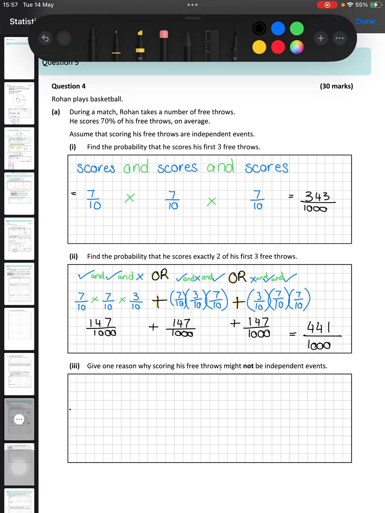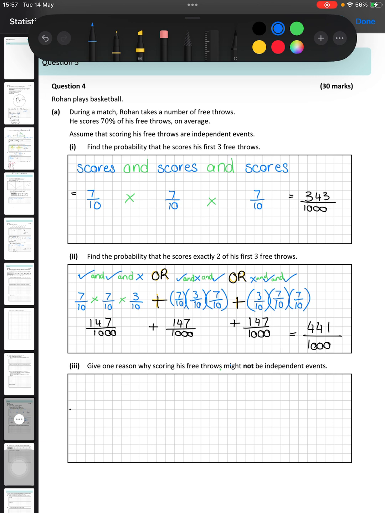Okay, give one reason why scoring his free throws might not be independent events. So remember, independent events are when one event does not affect the other. Okay, so if one event affects the other, then it is not independent. So previous performance levels or like previous practice on his free throws or anything like that affect the future performance on his free throws.